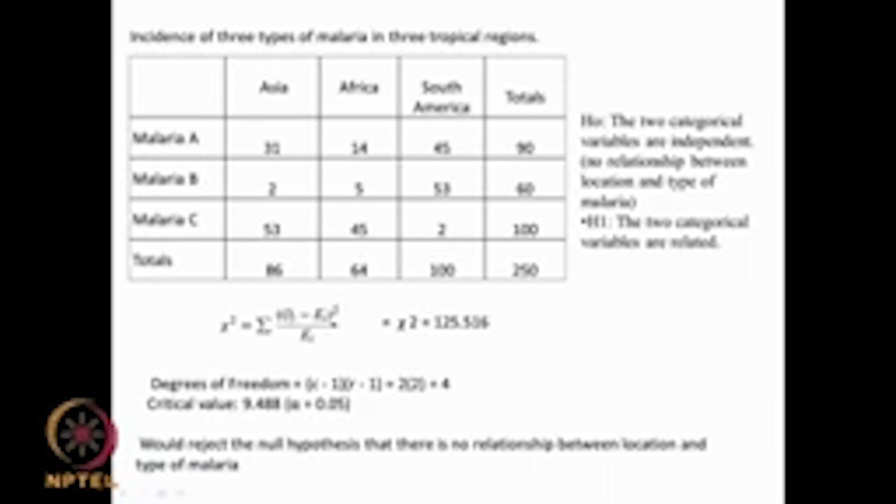So, what you do is you just subtract 0.5. This is valid only when you have a 2 by 2 type of contingency table. Instead of this term you subtract 0.5 from there, then square it up and divide by expected in the denominator. That is the only difference which you need to consider when you are going to apply the Yates correction.